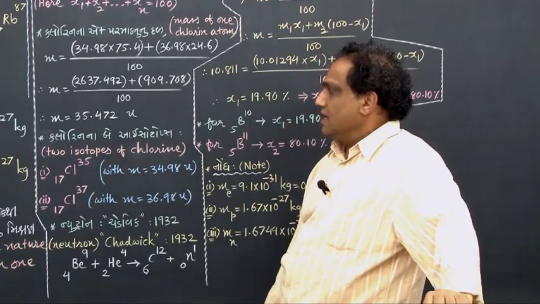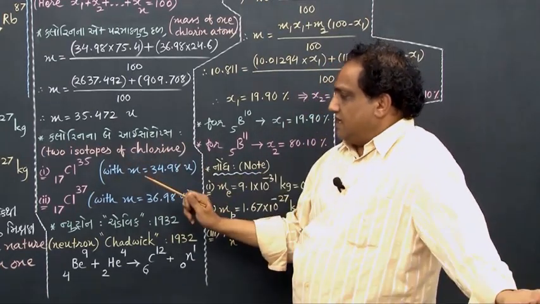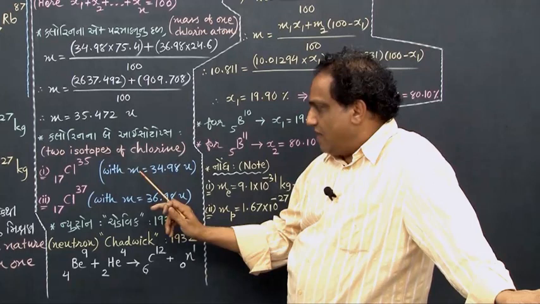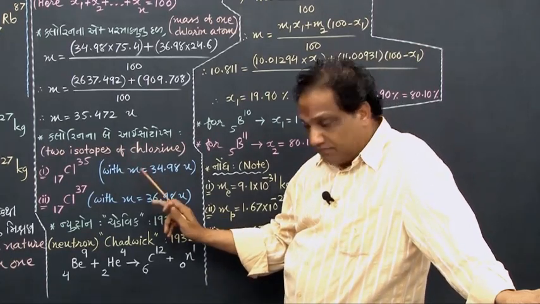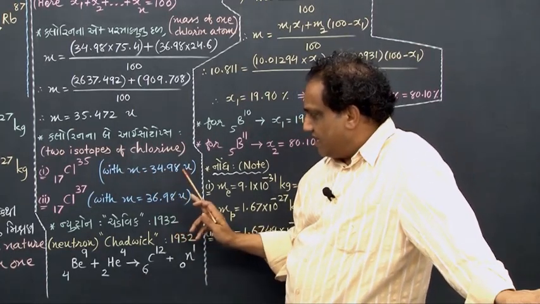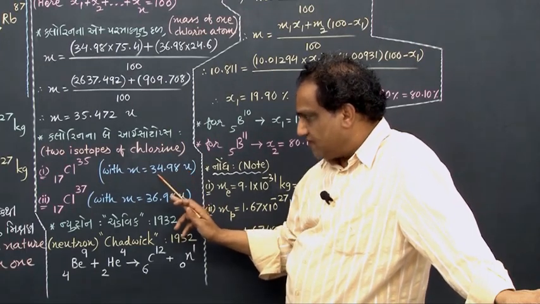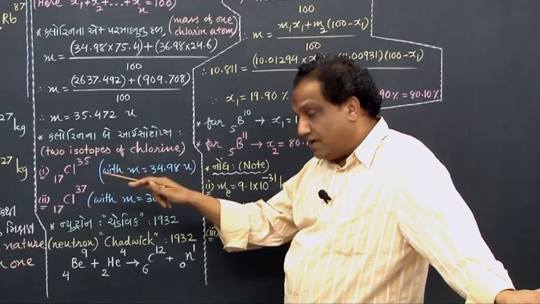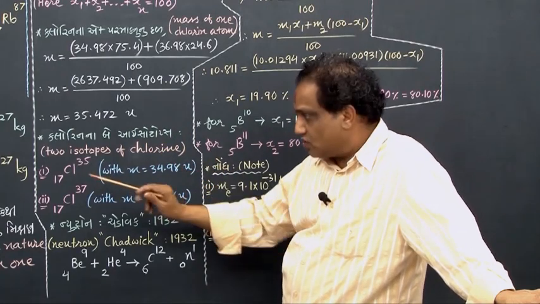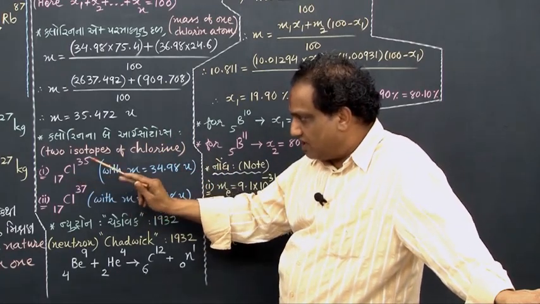See, if you got the mass of one chlorine atom as 34.98 atomic mass unit, this is nearly 35. Then that corresponding isotope is shown by this symbol 17 chlorine 35.